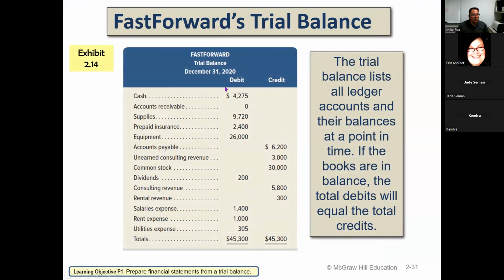A trial balance has all of the accounts listed with their balances, either debit or credit. You'll notice that a trial balance is always in this same order, where it has all of the assets, then the liabilities, then the equity accounts, then dividends, then revenue, then expenses.